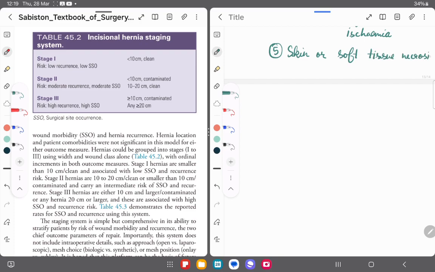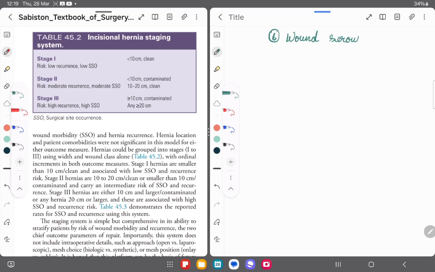Number six is wound serous or purulent drainage. Number seven is stitch abscess.